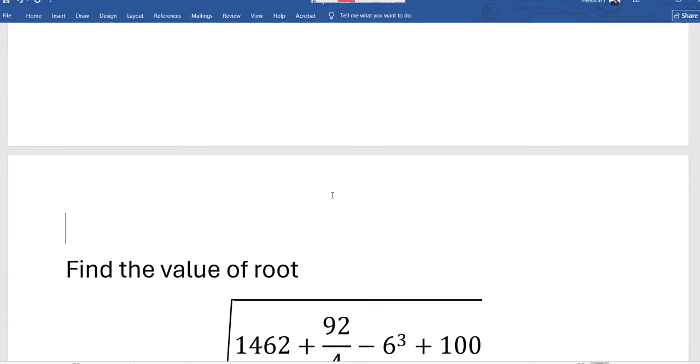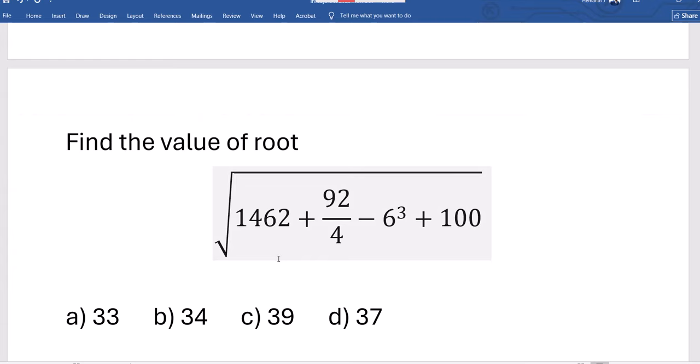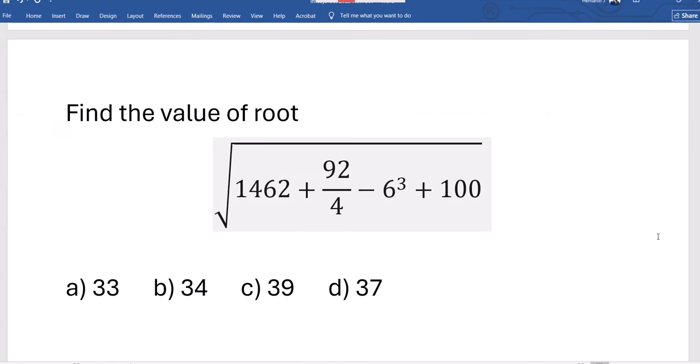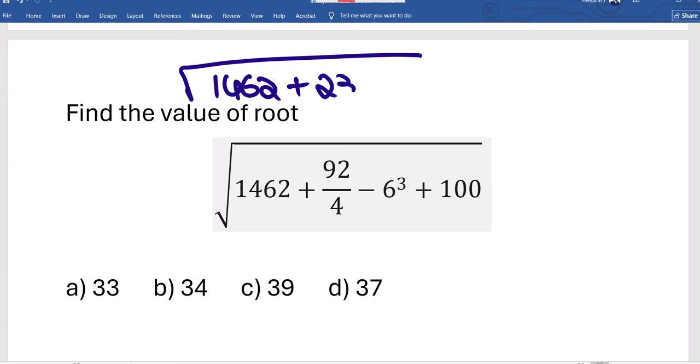Next, a very easy question regarding simplification. Calculator not allowed. That's one more thing we have to be careful about. So, square root of 1462 plus 23 minus 216 plus 100.